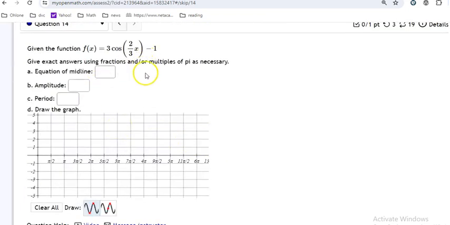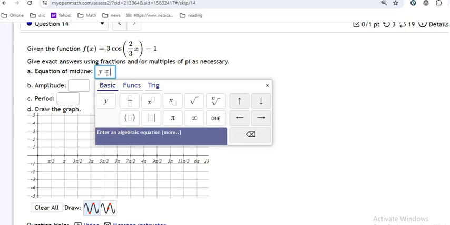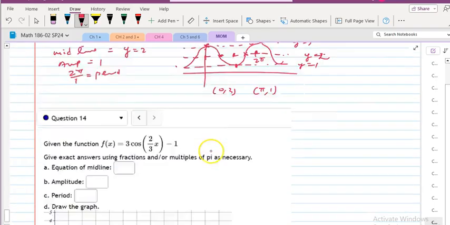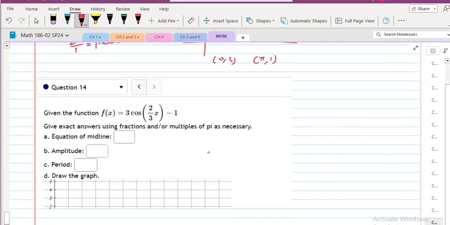13 has this function, 14 has this function. What is the equation of the midline? Is D, right? Y equal to -1. Let's look at it one more time. So I'll write down A, B, C. Oh, there's no phase shift. A, B, there's no C, D. So midline is Y equal to D. In this case it is Y equal to -1.